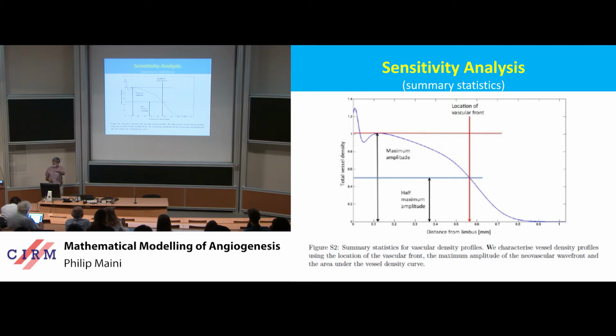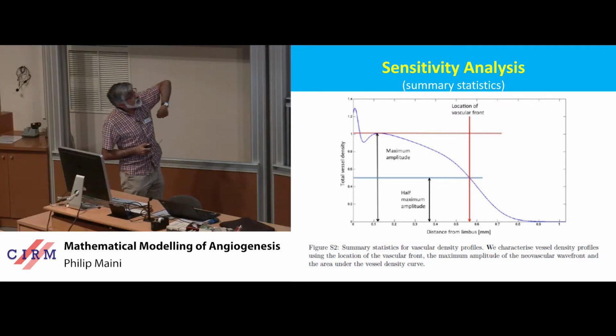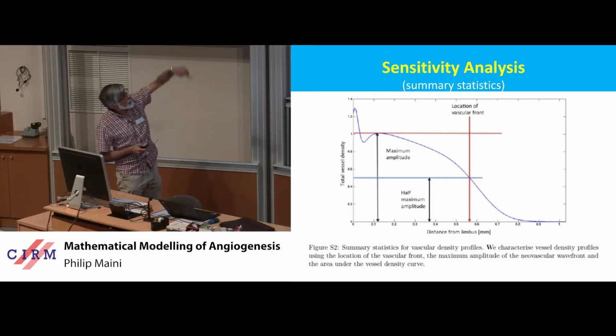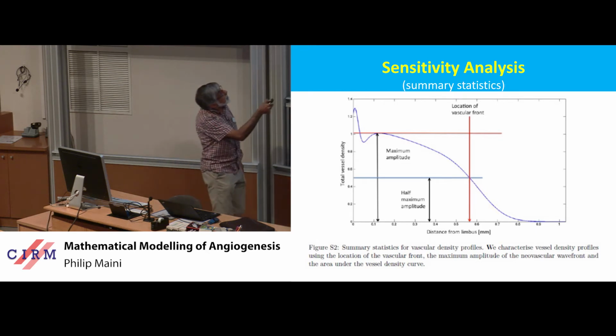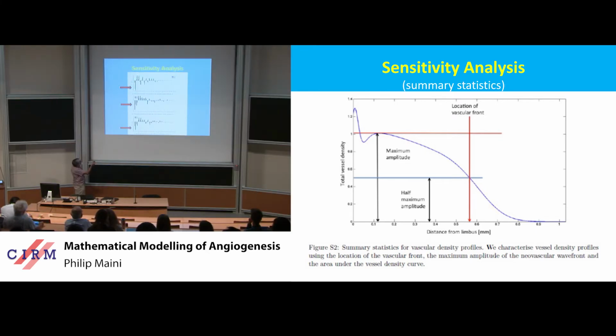And now this is going to be a big letdown, let me warn you. You can't read this. This is sensitivity analysis, and basically, the bigger this line is, the more sensitive the model is to that parameter.